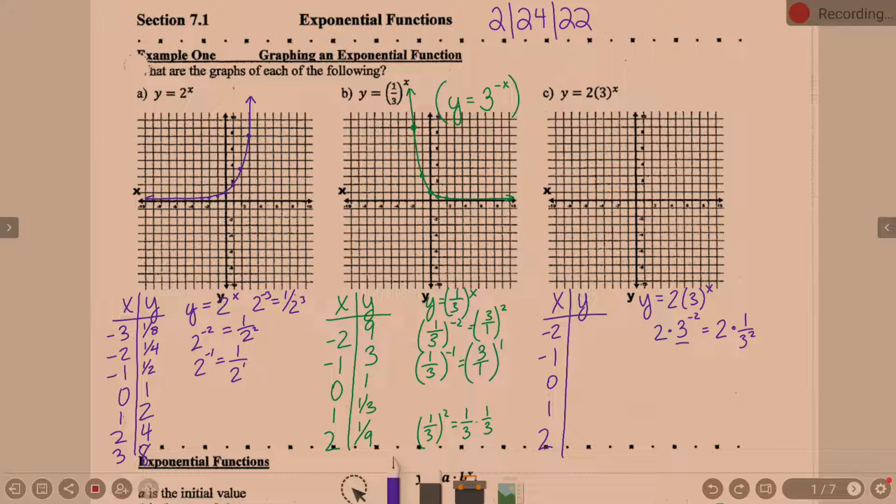Because 3 times 3 is 9. So this really is 2 times 1/9. What is 2 times 1/9? 2/9? Because what can you think of 2 as? 2 is the fraction 2 over 1. And so this works out to be 2/9.